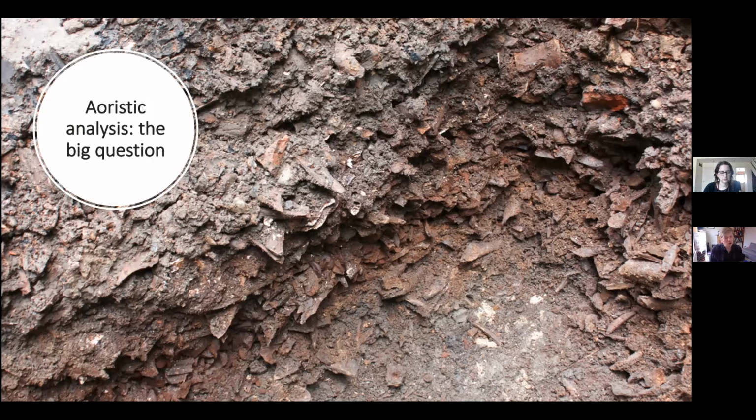But then you have other archaeological contexts where this is most probably not the case, and actually what you're looking at is a single defined event. An animal burial would be a classic example. Or this here, which is not a great picture, is a Roman soup kitchen deposit in London. This is basically a pit that's absolutely chock full of animal bone, and it looks like it was all deposited at once, at the same time.